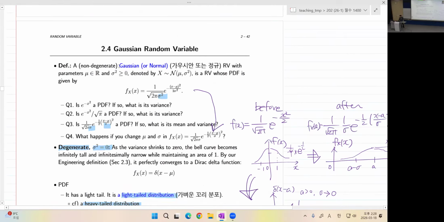Ready? Now, here comes the most important example of a random variable, called the normal random variable or Gaussian random variable. Some people love the name normal random variable, or some people love Gaussian random variable. And the standard notation is this one. So we use capital N. That means normal. Got it?